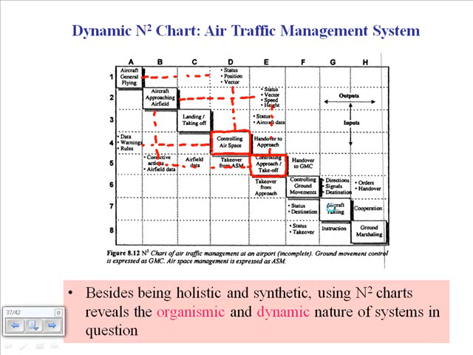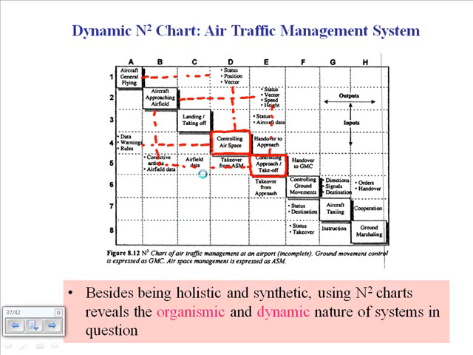Okay? So besides being holistic and synthetic, meaning we can actually build these n-squared charts, one thing you can actually see here is this dynamic nature. Okay? There is some dynamism involved in this n-squared chart.